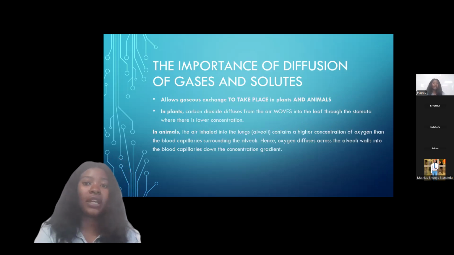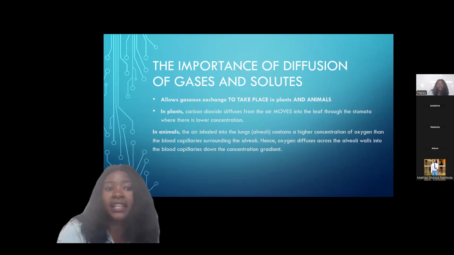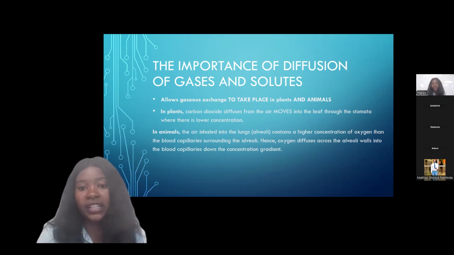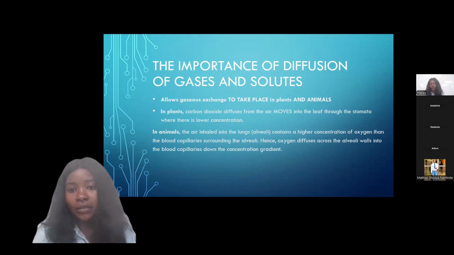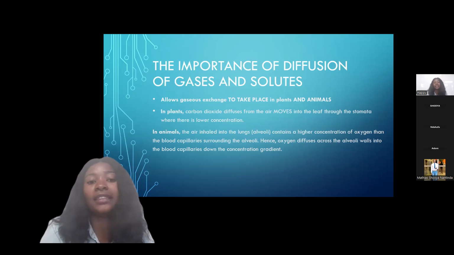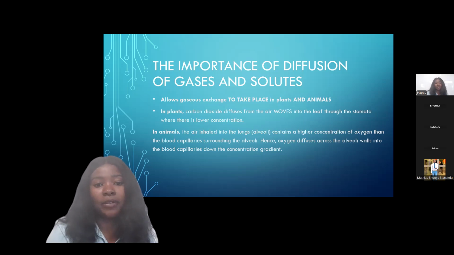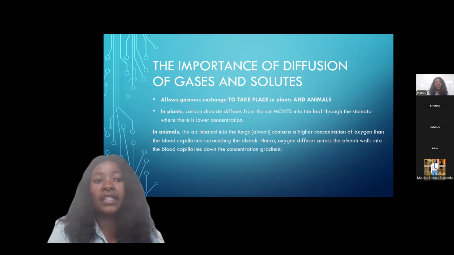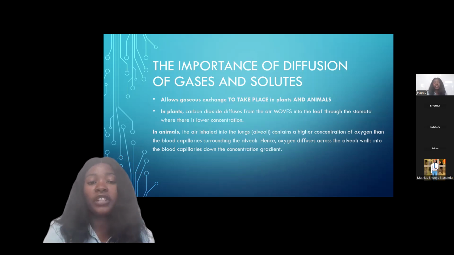We are just going to look at the importance of diffusion. Why is diffusion of gases and solids important to plants and animals? By animals, we mean humans and the other types of animals, such as chimpanzees, dogs, goats, and so on. Diffusion is what allows gaseous exchange to take place in plants and animals.